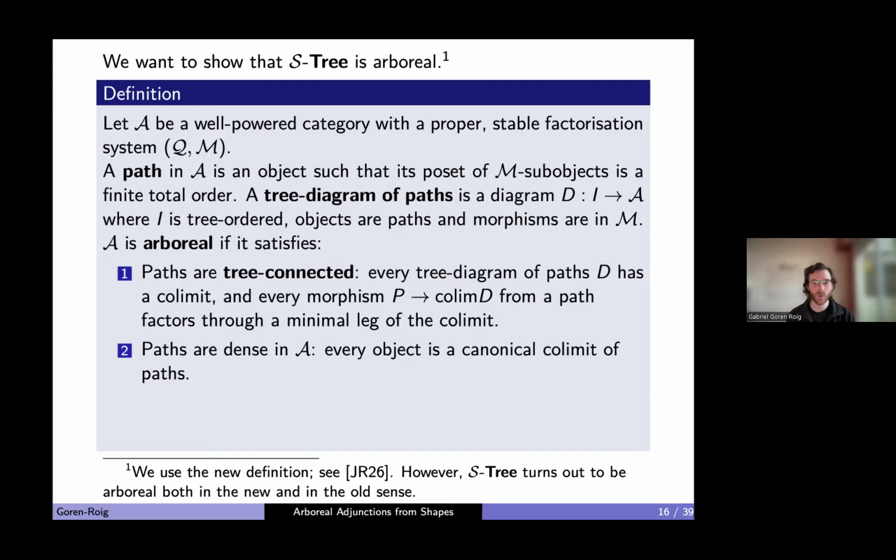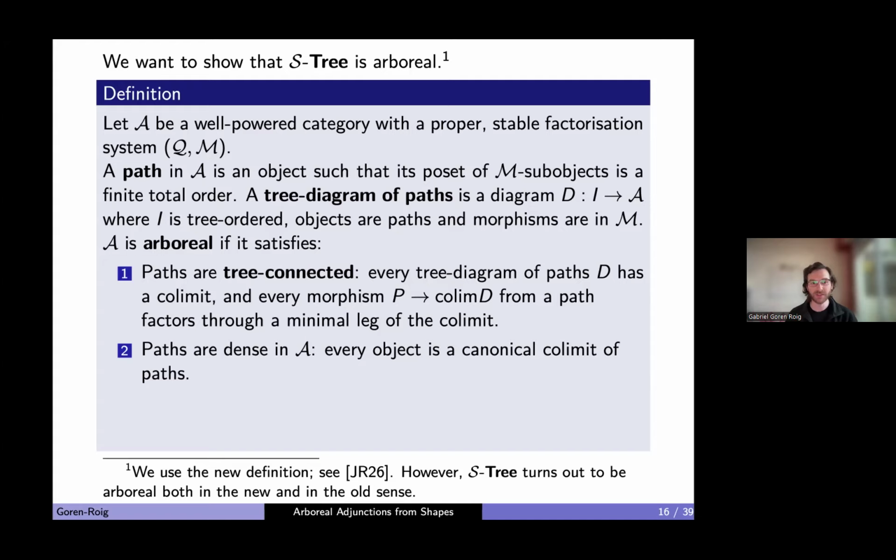So in a sense, I expressed it in terms of density because that's a well-known, general categorical concept. But here, what's going on might be explained more specifically as every object being a canonical colimit of a certain diagram where the objects are paths, the morphisms are embeddings, and it is actually tree-shaped. So the diagrams that appear in point number 2, they're also tree diagrams of paths. So we really just care about tree diagrams of paths.